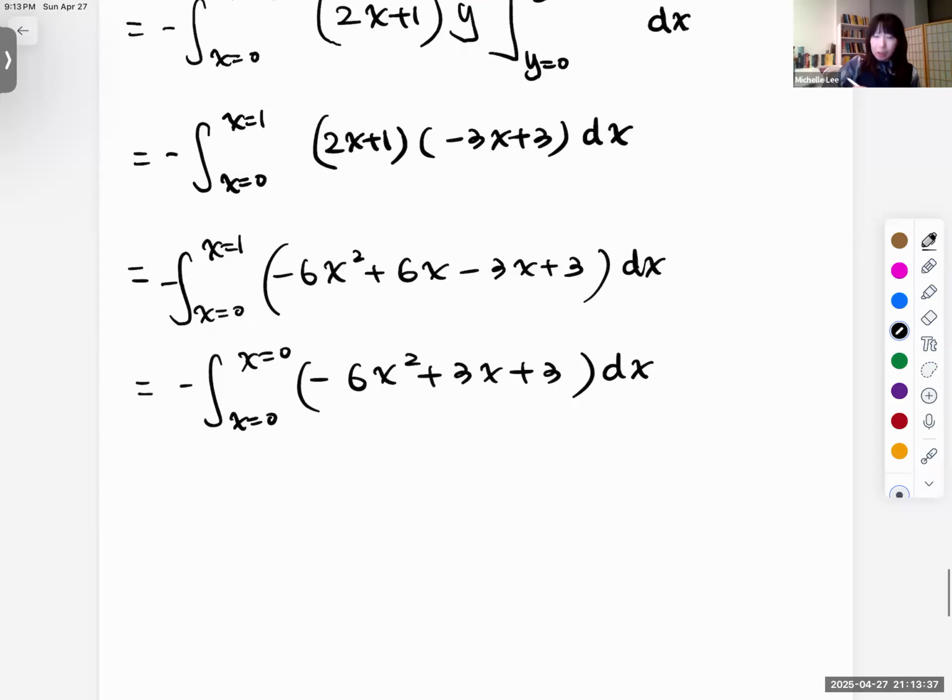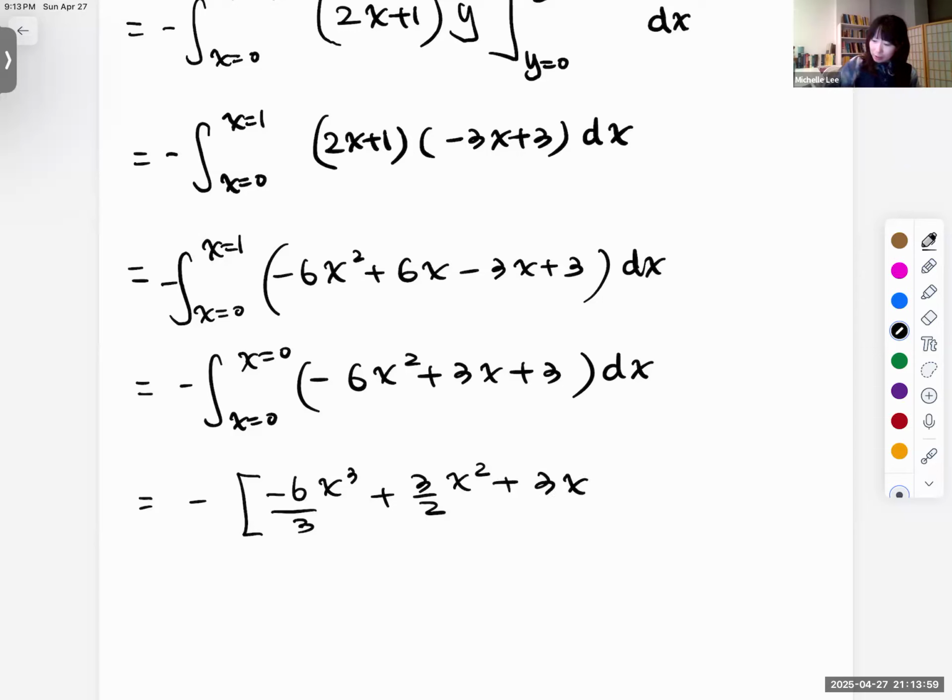Easy to integrate, right? Integrating with respect to x, we get negative 2x cubed over 3, wait, x cubed over 3 plus 3x squared over 2 plus 3x.